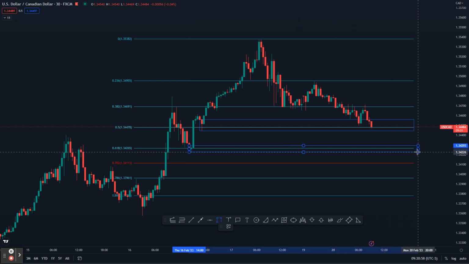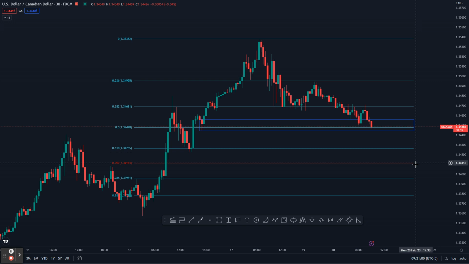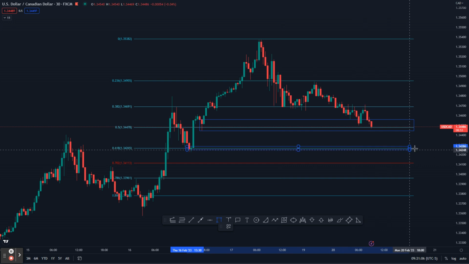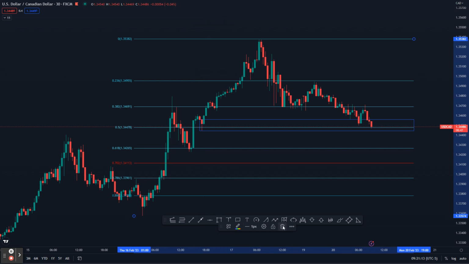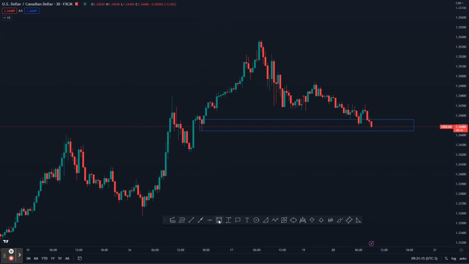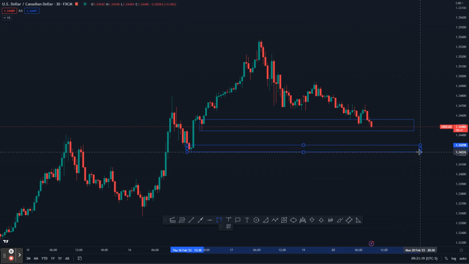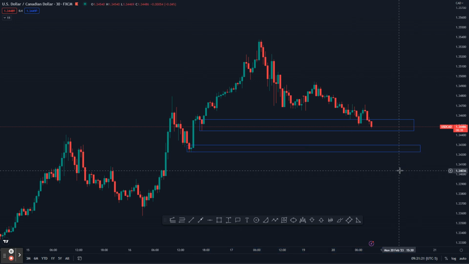So this is something called confluence. Confluence is when multiple strategies, indicators, price movement all line up. To have confluence, what is going on? Let me take this off. To have confluence, you need two or more things to line up.